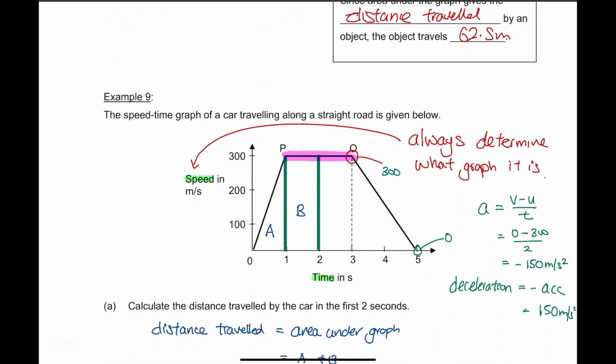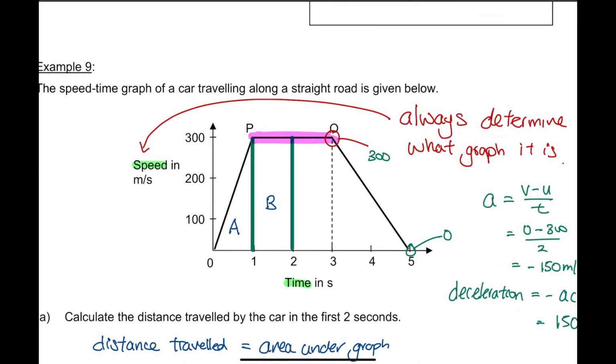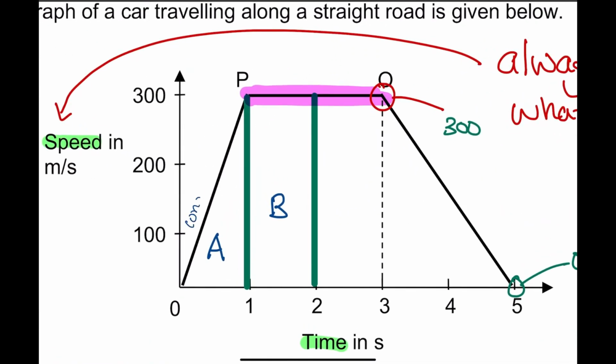I will not dwell much on the question down here. But the first thing that we need to know is to always identify the graph. This is a speed time graph. And we know that for part A down here, from 0 to P, this is a constant acceleration. And if I'm going at 300 meter per second down here and the line is horizontal, this means that this is a constant speed.